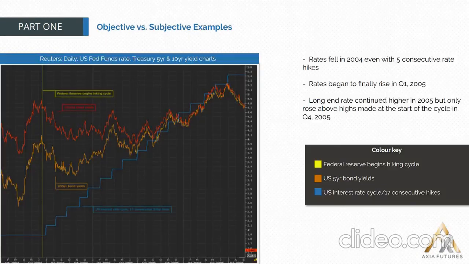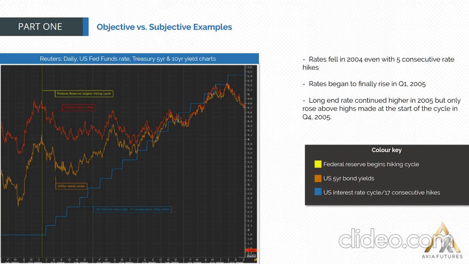Now I want to show you what happens when you allow subjectivity to be the priority instead of objectivity. What we're going to look at again is this 2004 rate hike cycle. First to understand, rates fell. In other words, long-end rates actually fell in 2004, even with 5 consecutive rate hikes.